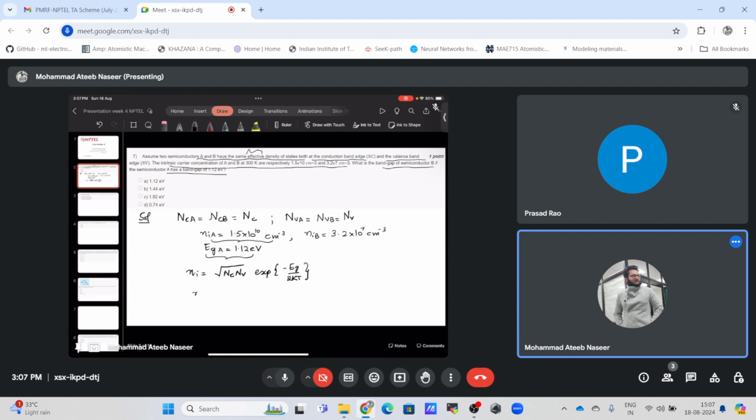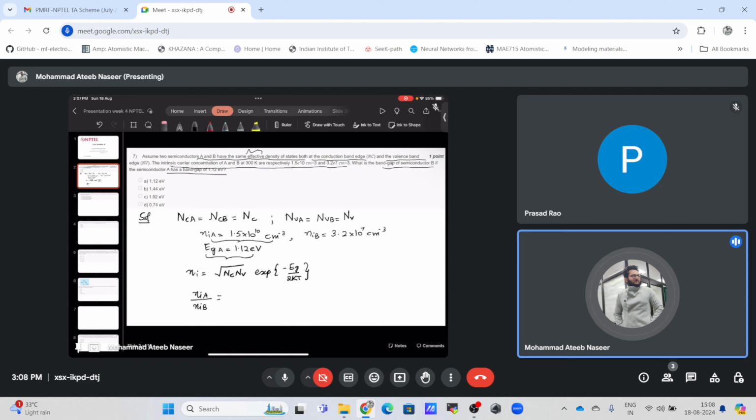Now Ni of A and Ni of B will be two different intrinsic carrier concentrations that will depend on Nc and Nv, that is, the conduction band and valence band effective density of states, the band gap, as well as the thermal energy.